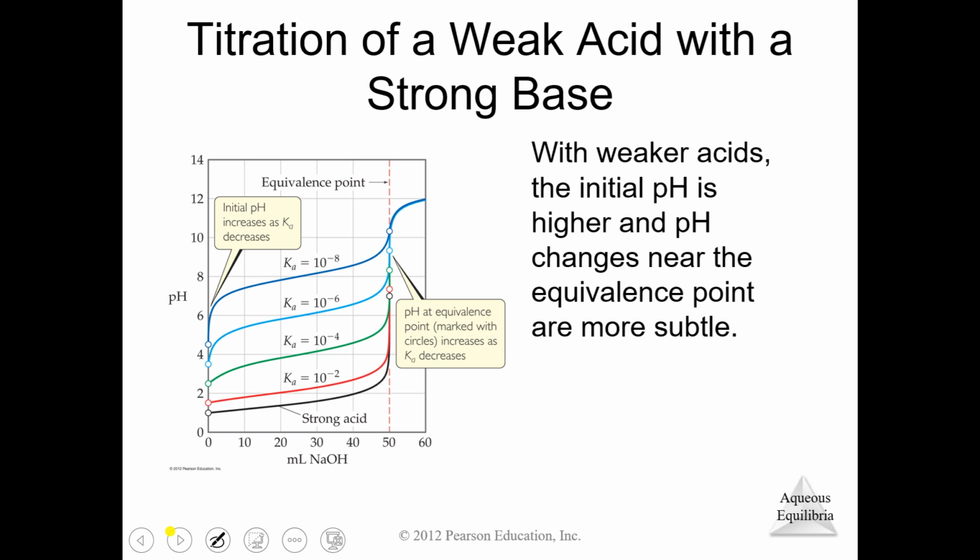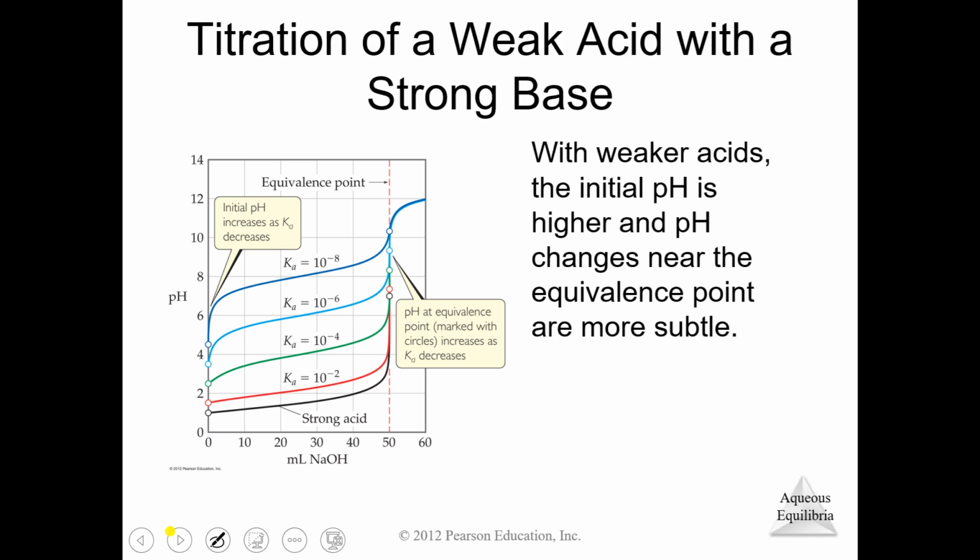In fact, if we know the exact pH and volume, we can calculate anything that has to do with the weak acid at any given point in the titration. So we could look at different values at different places.